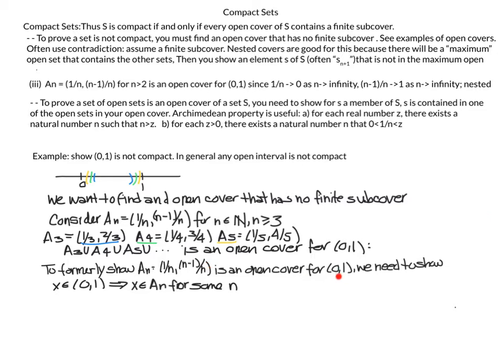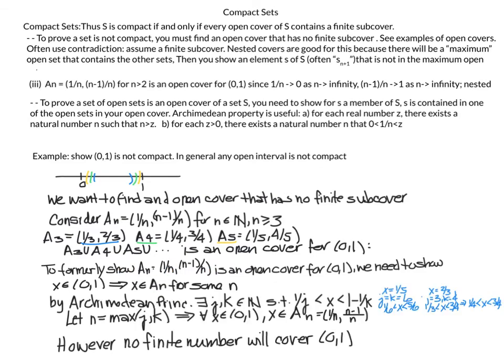And to formally show it is an open cover, we need to show that for any element x in our S, in the interval (0, 1), that x is in some A_n. By the Archimedean principle, for any real number x, there exist j and k in the natural numbers such that 1/j is less than x, and x is less than 1 minus 1/k.